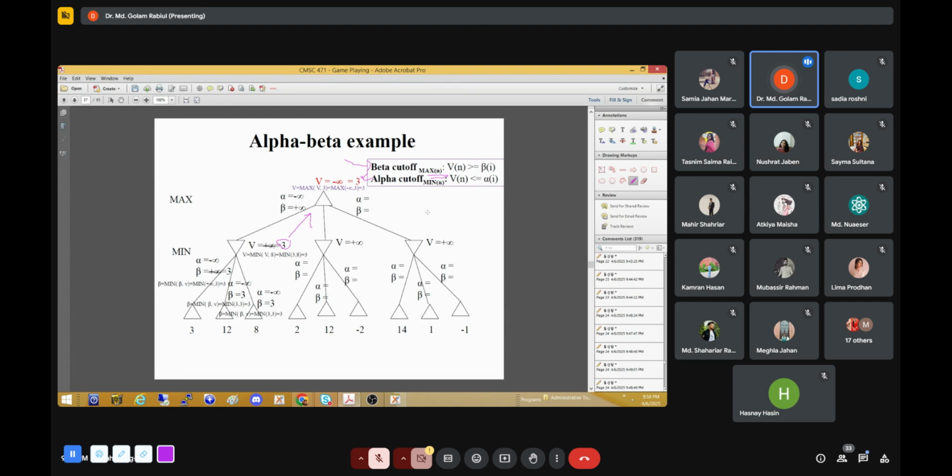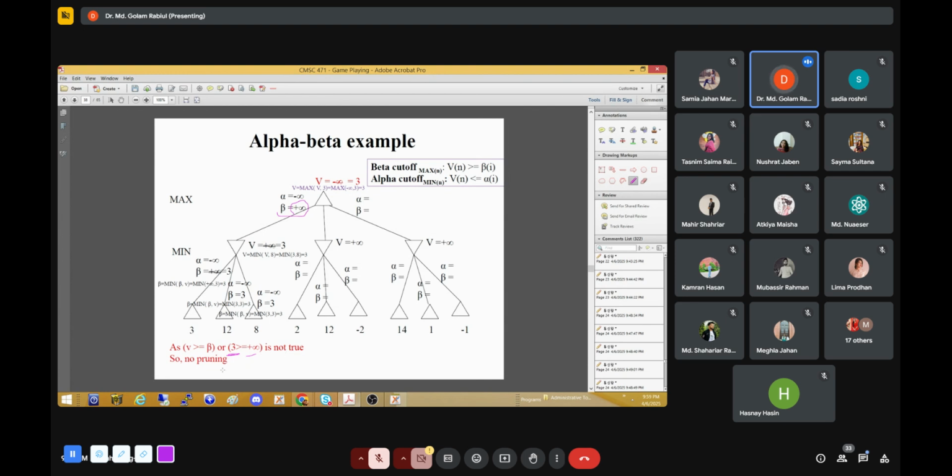So v of n is 3, and beta, this time, is positive infinity. So whether this condition is true or not. It is not true, because 3 is not greater than infinity.